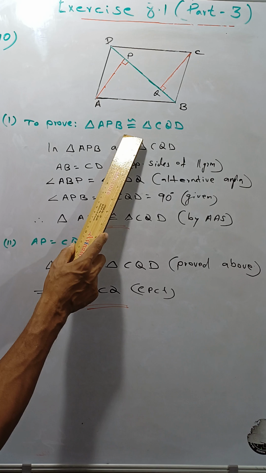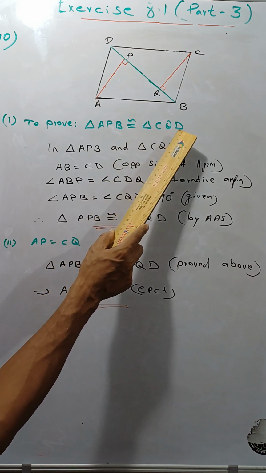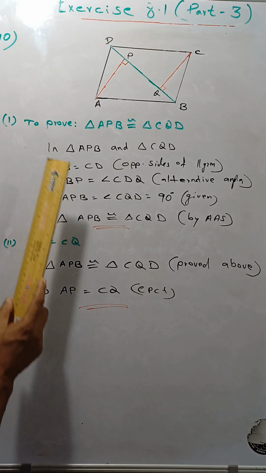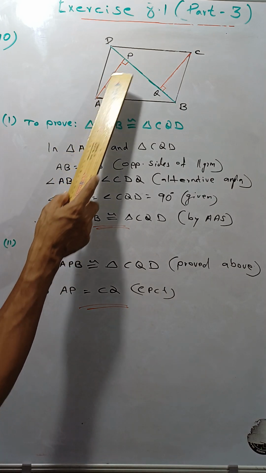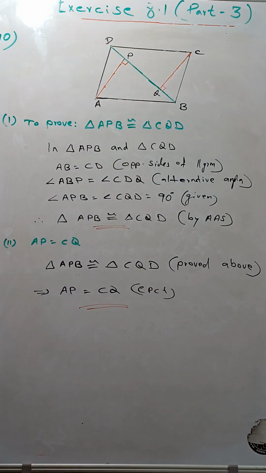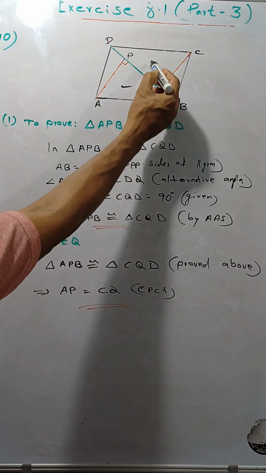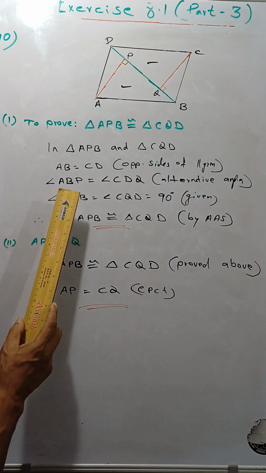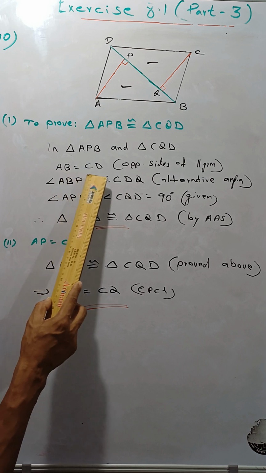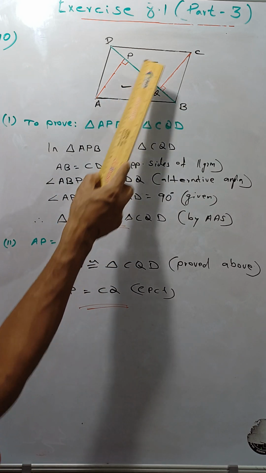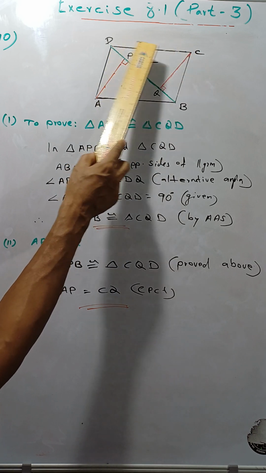triangle APB is congruent to triangle CQD. We have to prove this triangle and this triangle are congruent. AB is equal to CD: AB in this triangle and CD in this triangle are equal.